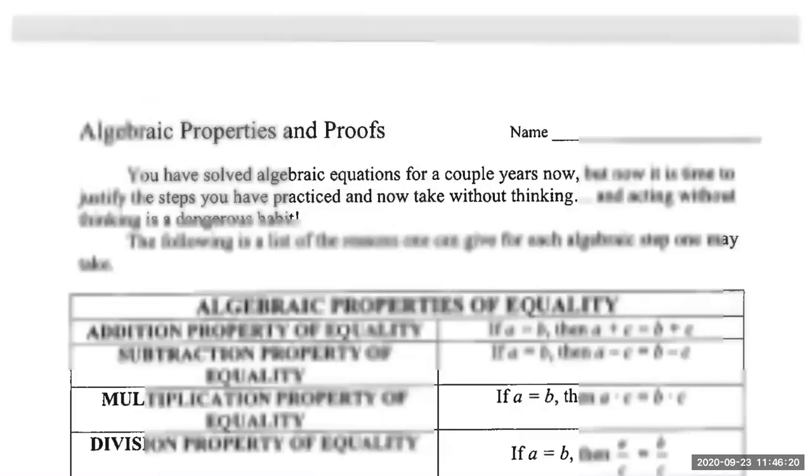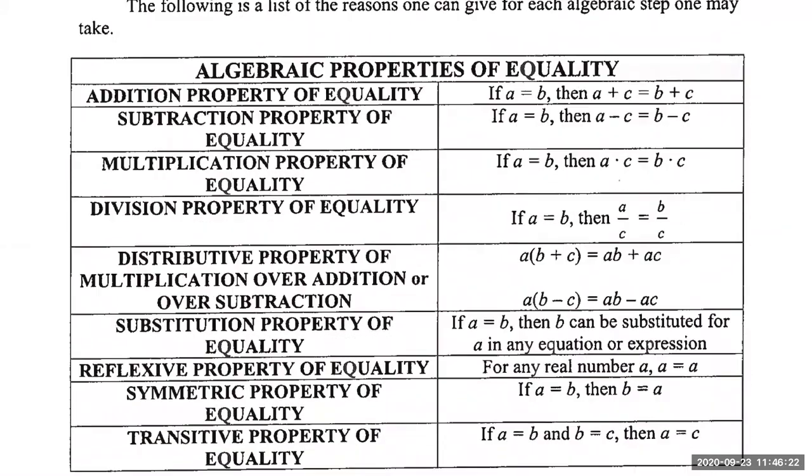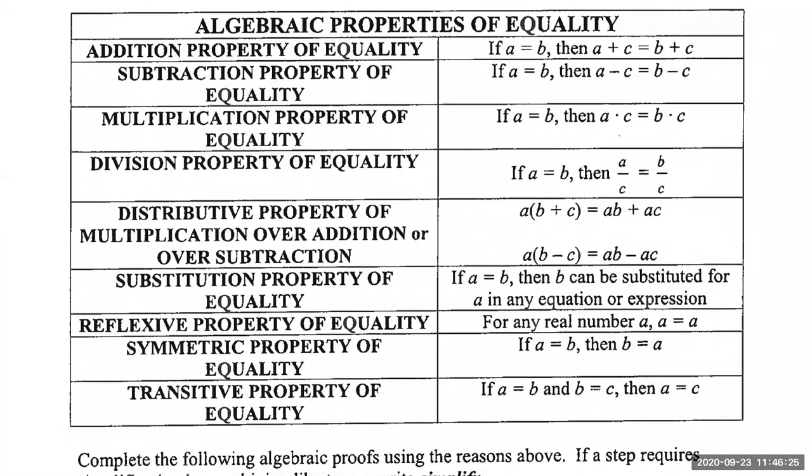Your previous homework assignment on algebraic proofs, don't find the page, just look up. These are algebraic properties of equalities. If you notice, all of your signs here are equal signs. So these are properties of equality.